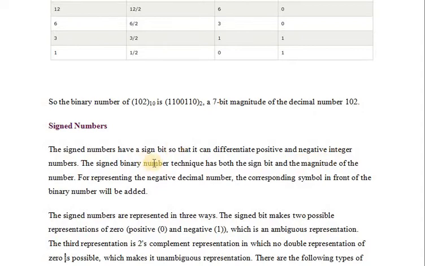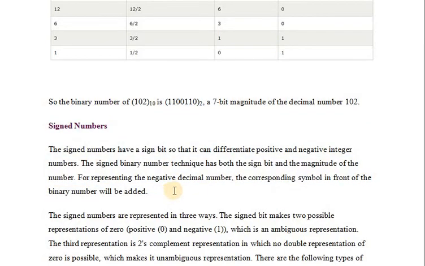The signed binary number technique has both the sign bit and the magnitude of the number. Here we are representing only the magnitude, a 7-bit magnitude. Before this there is no sign bit. For the sign bit we will represent 0 or 1 before this 7-bit magnitude. We will see this in signed numbers.